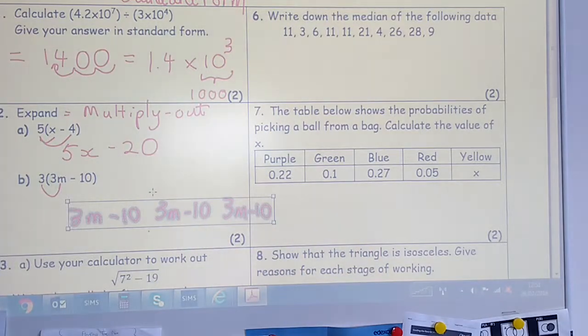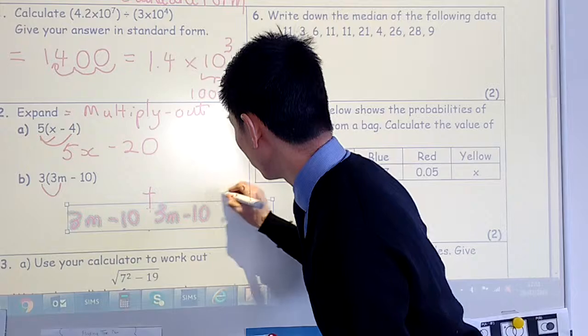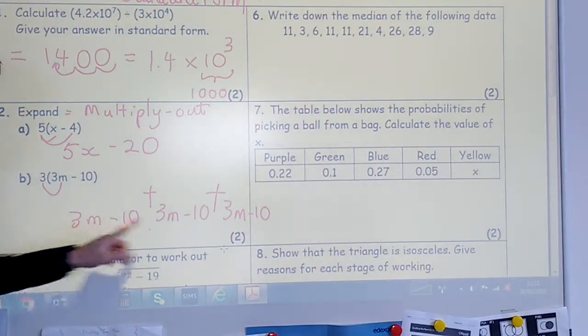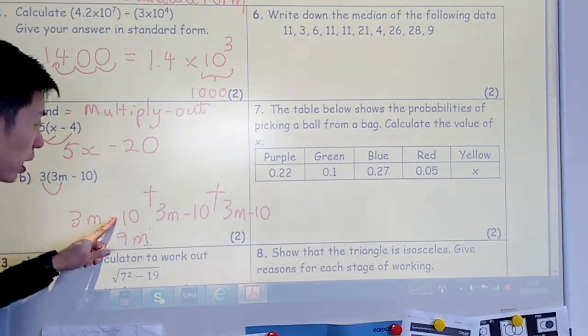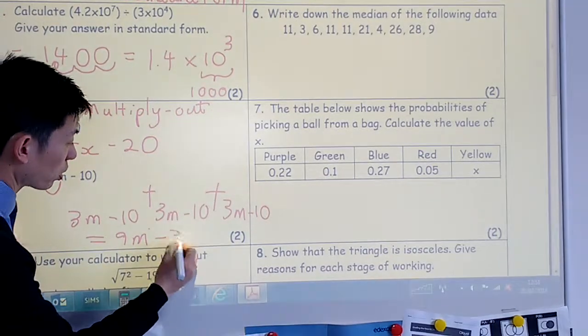So 3m plus 3m plus 3m, that's going to give me 9m. Minus 10 plus another minus 10 plus another minus 10, that's minus 30.